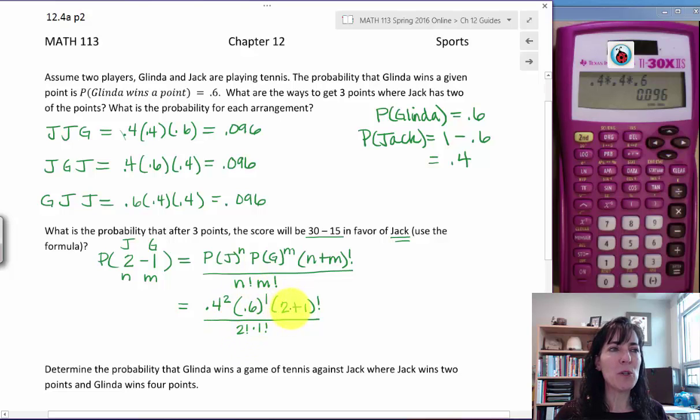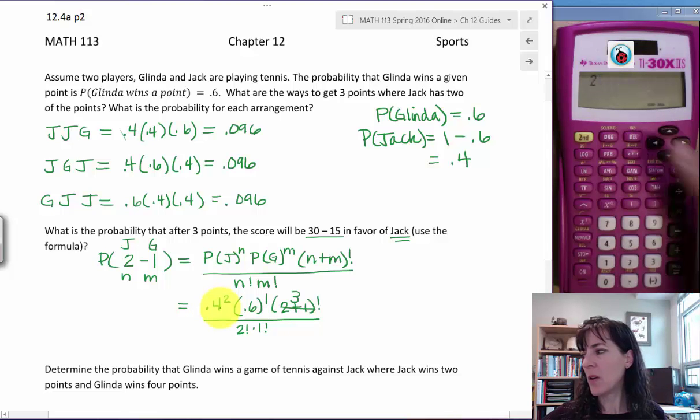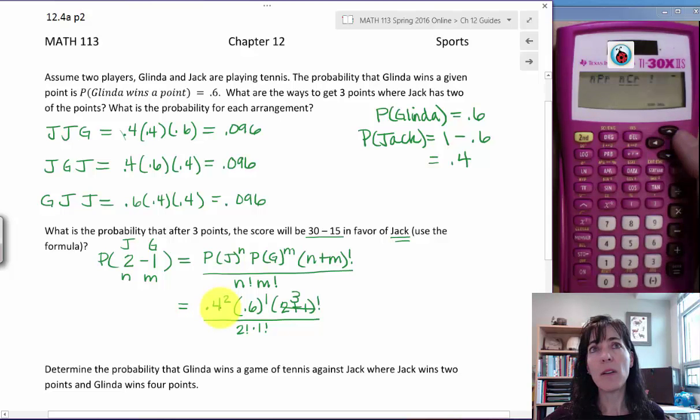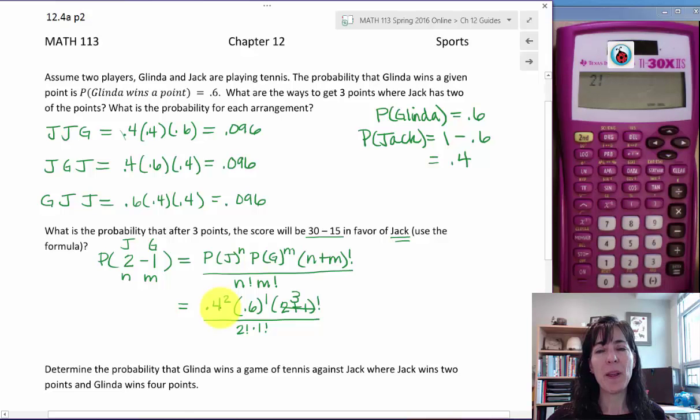I think what I will do is just rewrite this 2 plus 1 as a 3 factorial, and then I can also work this one out, 2 factorial. And we know 2 factorial is really just 2 times 1, right? So we can work it on the calculator and just get the 2, or we can know that's just a 2. 1 factorial just means 1, because it's 1 times everything smaller until you get to 1.